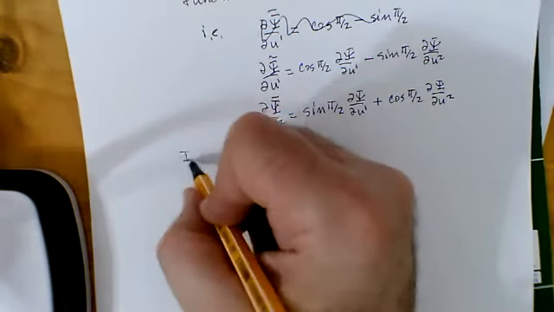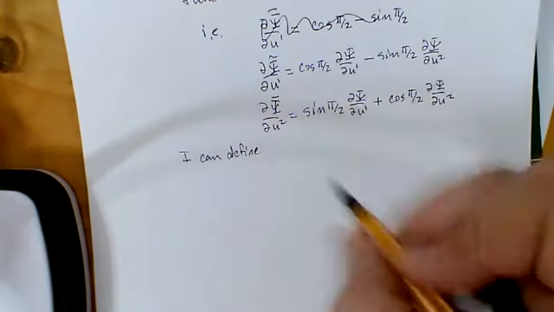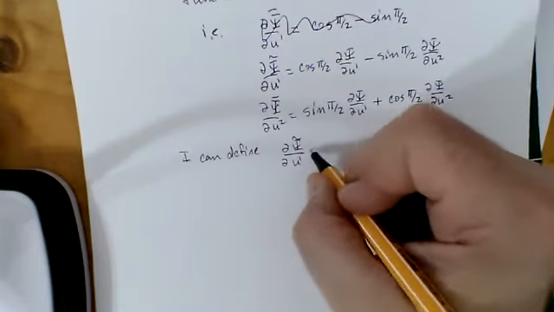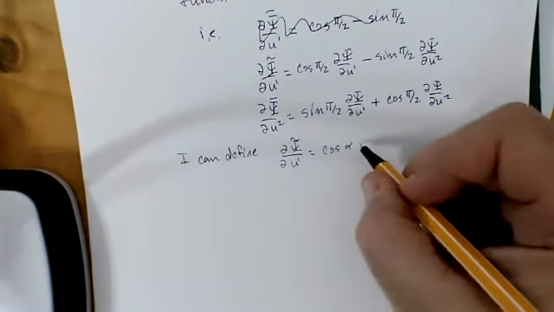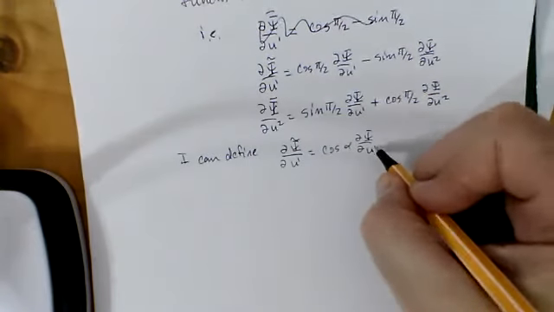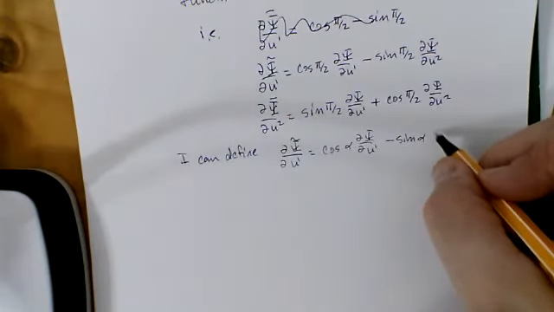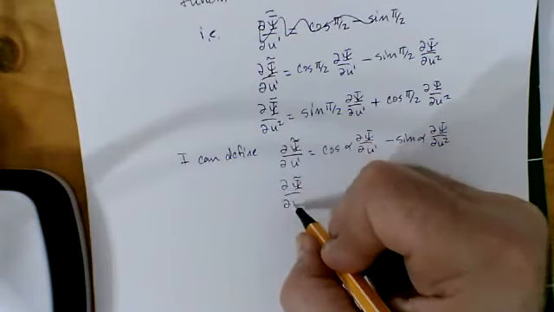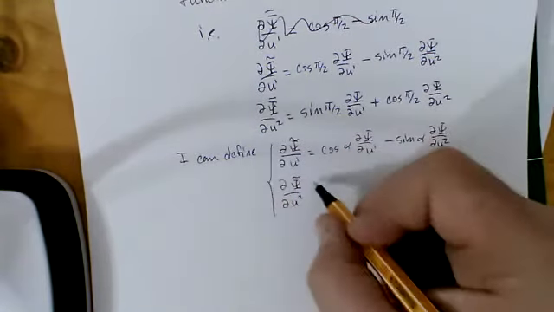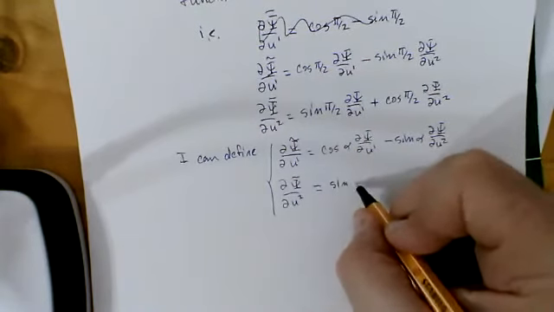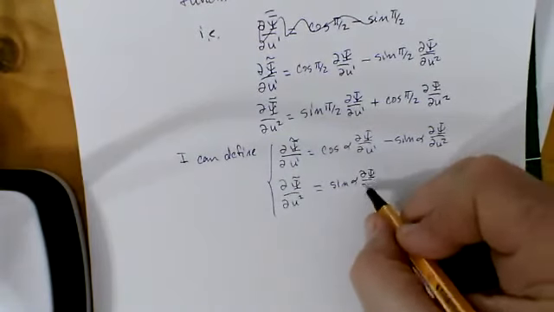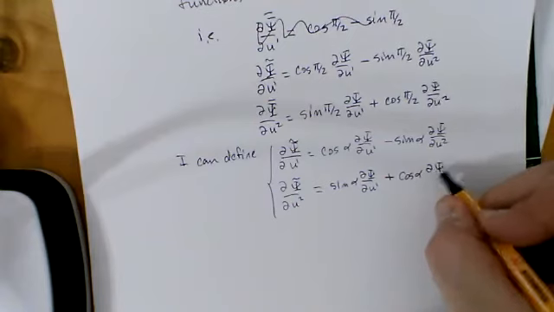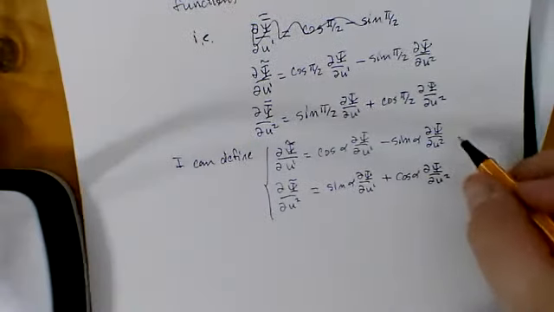So I can define d psi tilde du1 as cosine alpha d psi du1 minus sine alpha d psi du2, and d psi tilde du2 as sine alpha d psi du1 plus cosine alpha d psi du2. And I can do this for any angle alpha.